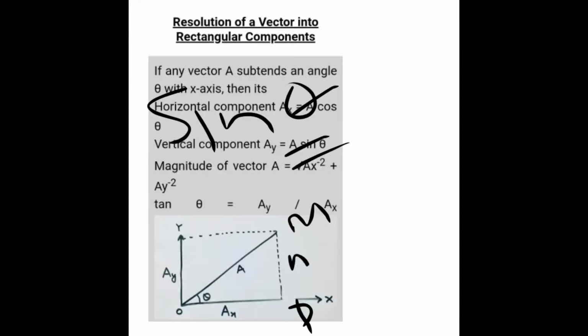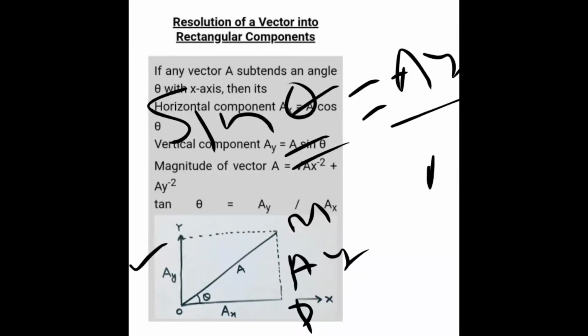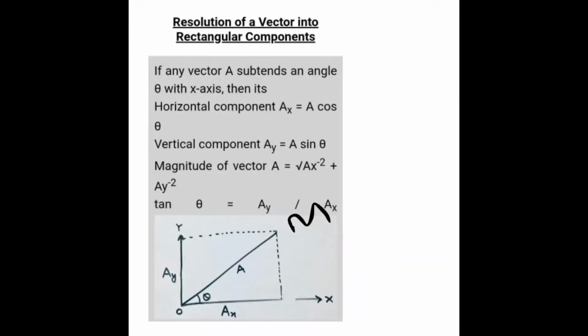What will be the perpendicular here? It is Ay, because this is Ay, so MD is also Ay. So sine theta equals Ay by A, right? Now if you cross multiply, we get Ay equals A sine theta.